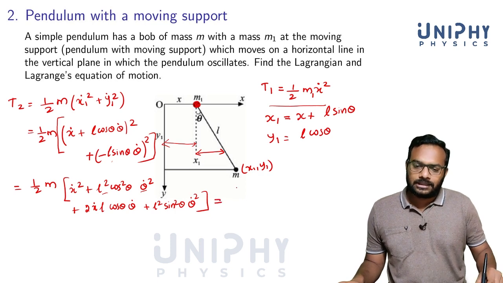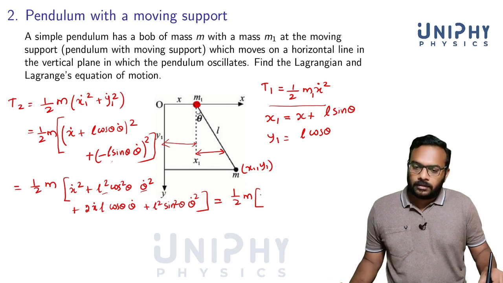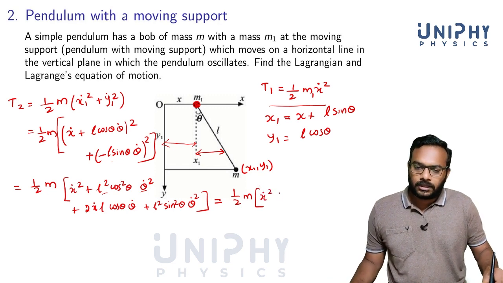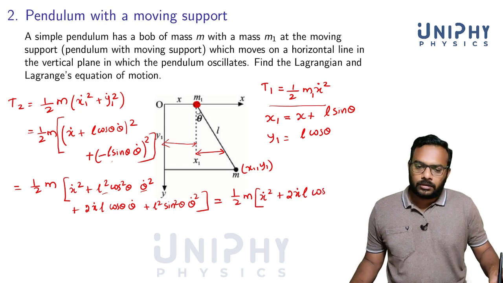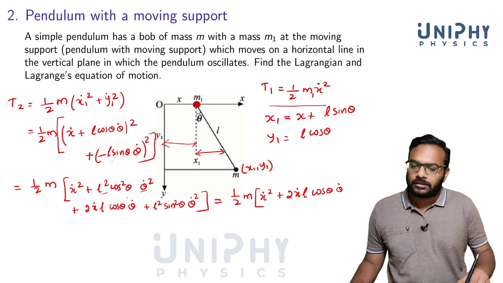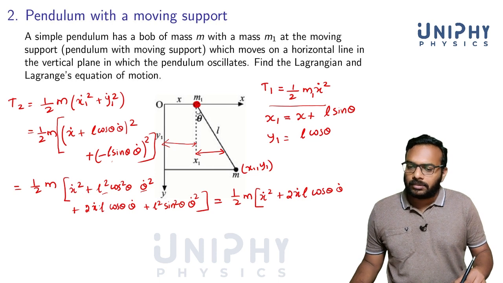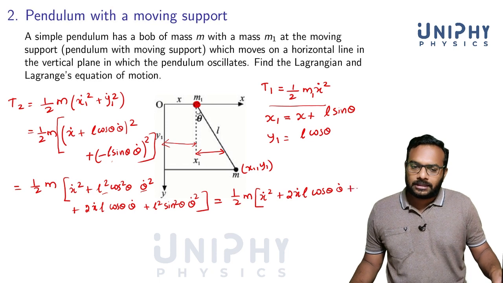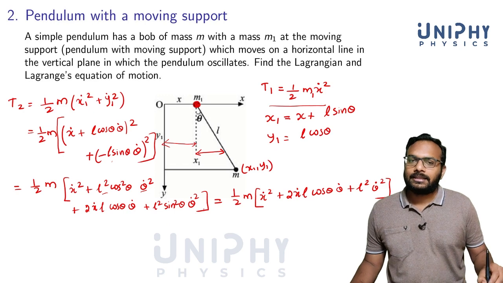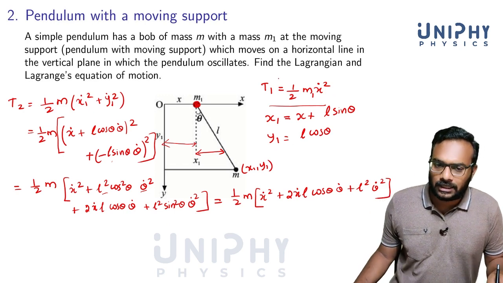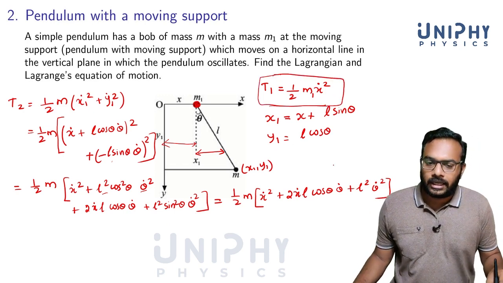So T2 is half m, x dot square plus 2x dot L cos theta theta dot, and this together plus L square theta dot square. Okay, that is T2. We have got T1 as half m1 x dot square and T2 as this.